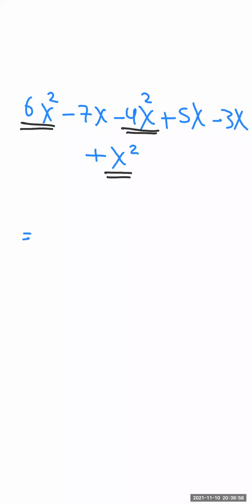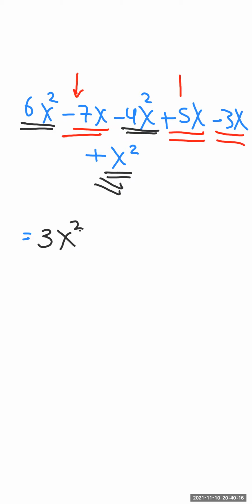So now 6 minus 4, it's 2 plus 1, so 3x squared. Then the next terms, negative 7x plus 5x minus 3x. So negative 7 plus 5, it's a negative 2 minus 3, so minus 5x. That's it.